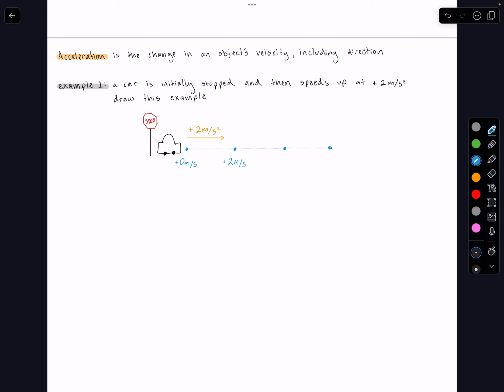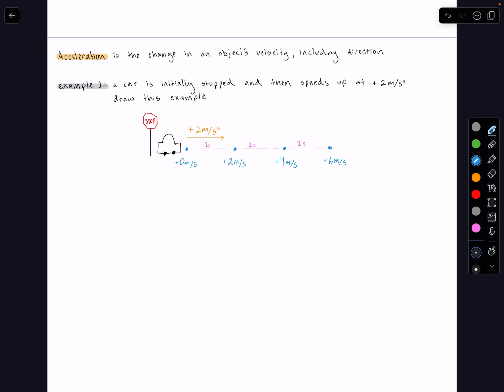And then after 2 seconds, it's at 4 meters per second. And then after 3 seconds, it's at 6 meters per second. And what this means is that if it's accelerating at 2 meters per second squared, the velocity is increasing by 2 meters per second every second that's passed.